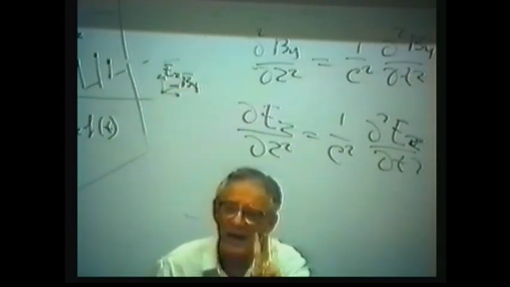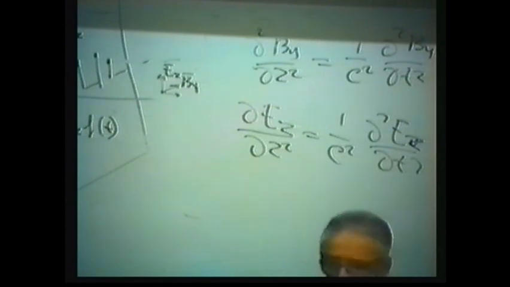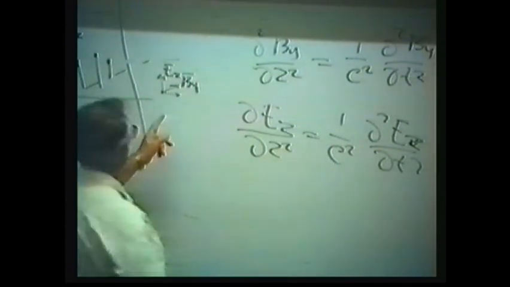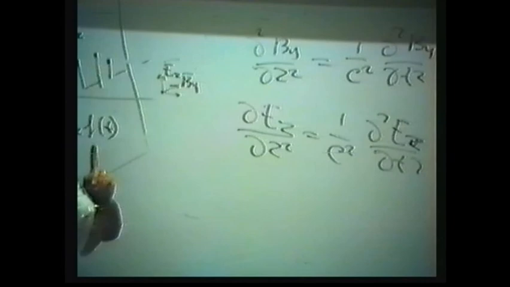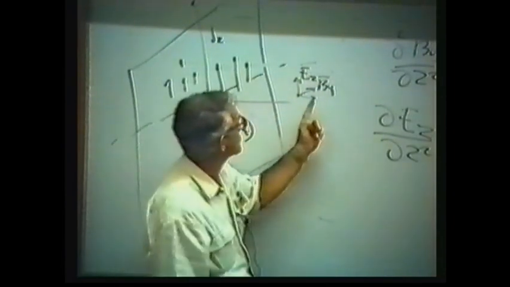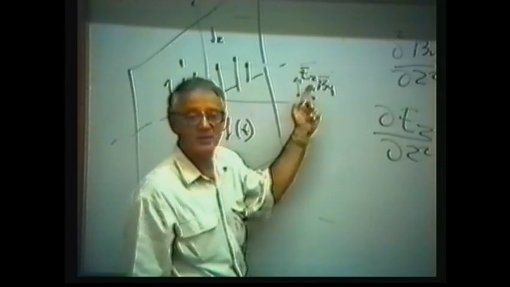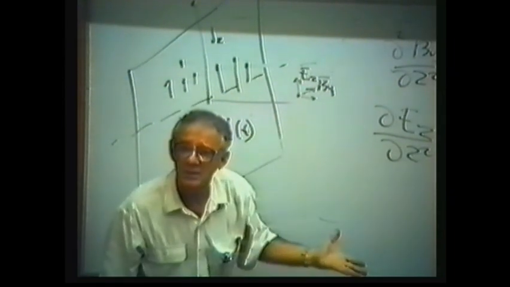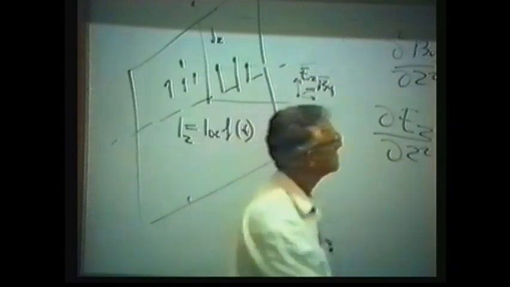So there are two currents. No, two generators, I'm sorry. Two generators. What is generator number one? The rate of change of the magnetic field with time. What does it create?